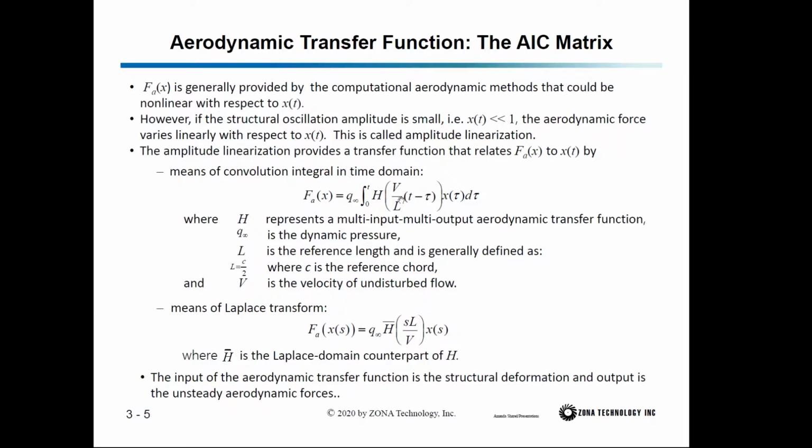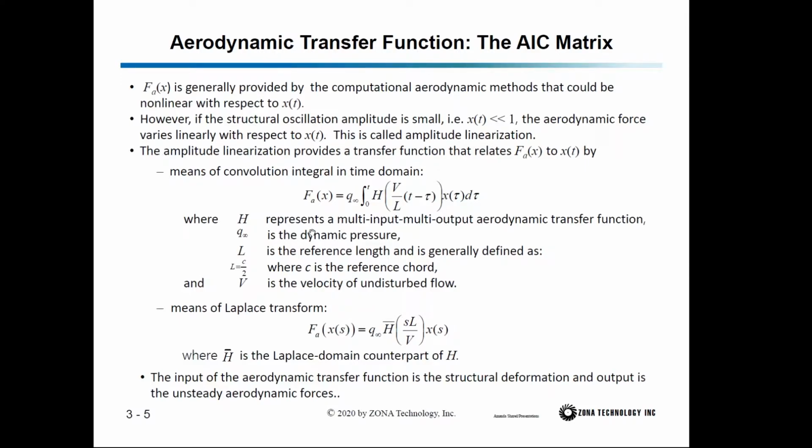If h is a multi-input and multi-output aerodynamic transfer function, and we have a structure deformation, to calculate the aerodynamic forces we just solve this convolution integral, where Q infinity is the dynamic pressure, L is the reference length, generally defined as half of the reference chord, and V is the freestream velocity.